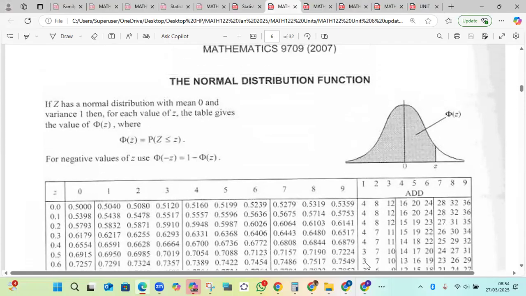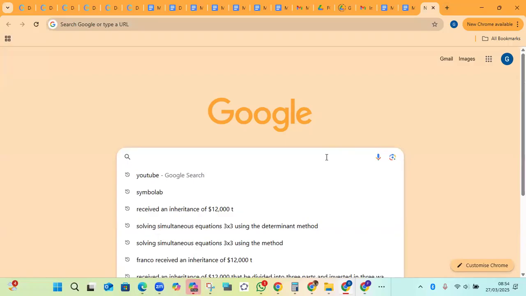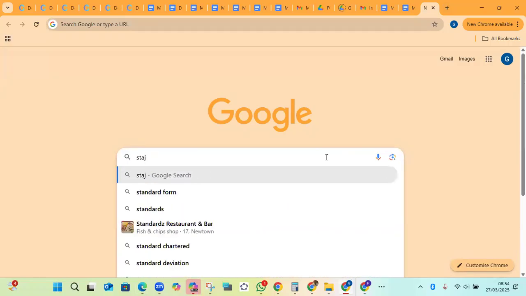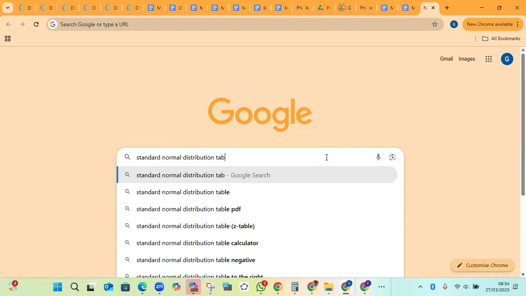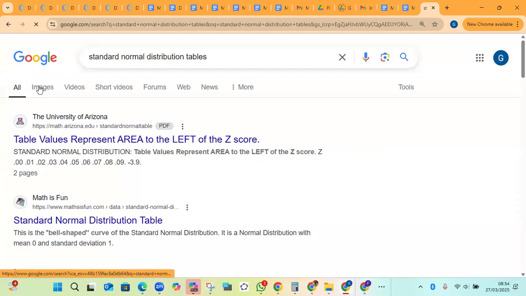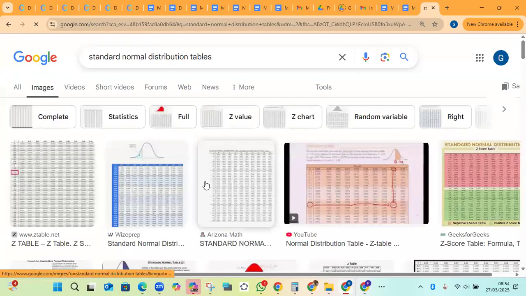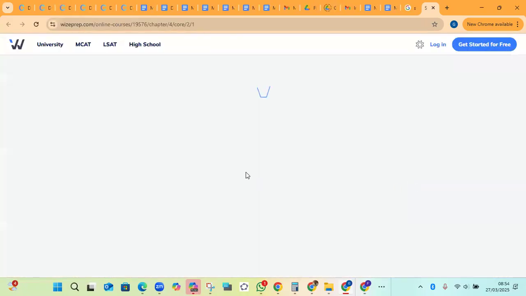So if you go in Google and you type standard normal distribution tables, and you go to images, you'll get a whole set. Here, this one is calibrated for phi of negative z's.